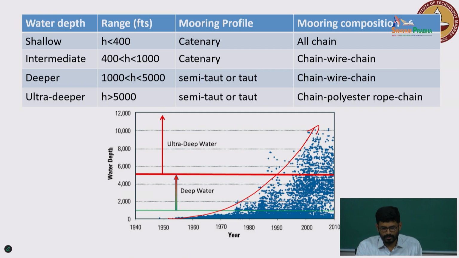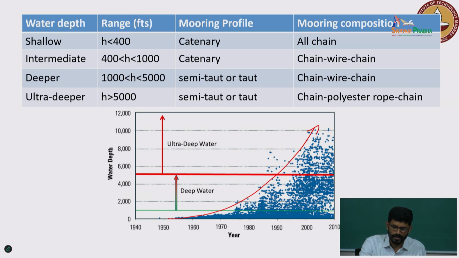And what is to be selected, whether the catenary mooring or how to have the composition. Here you can see that shallow water depth is less than 400 feet. Basically we also express this water depth classification in non-dimensional form, h by lambda.